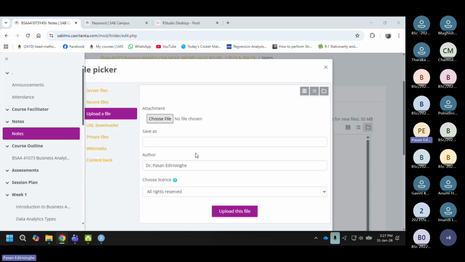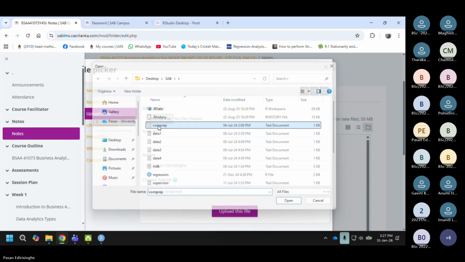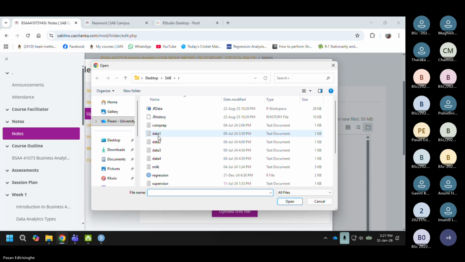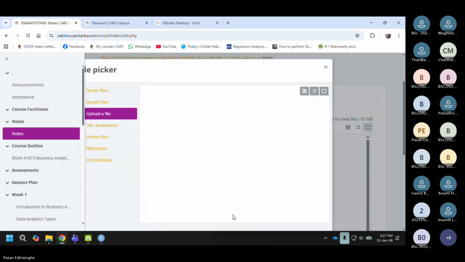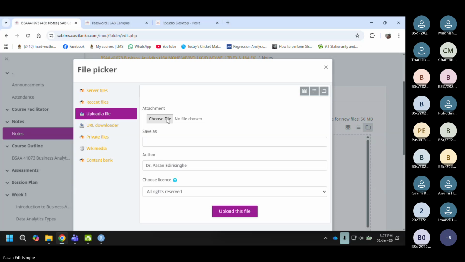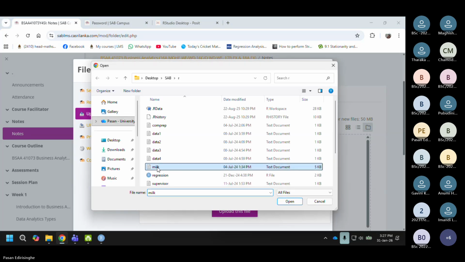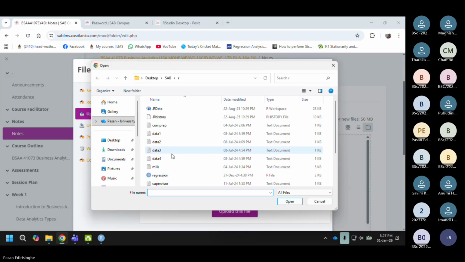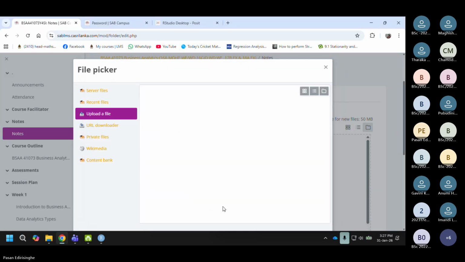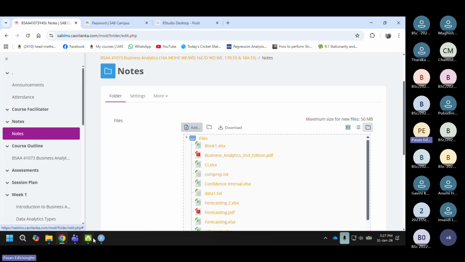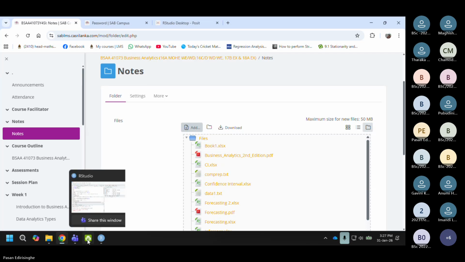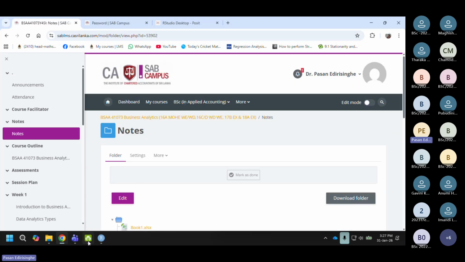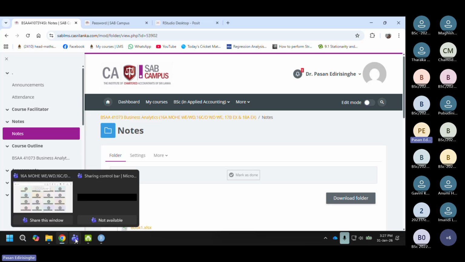And for the regression, there are some files, I think this one. So those are the files for the regression. If I have anything else, I will upload them as well.